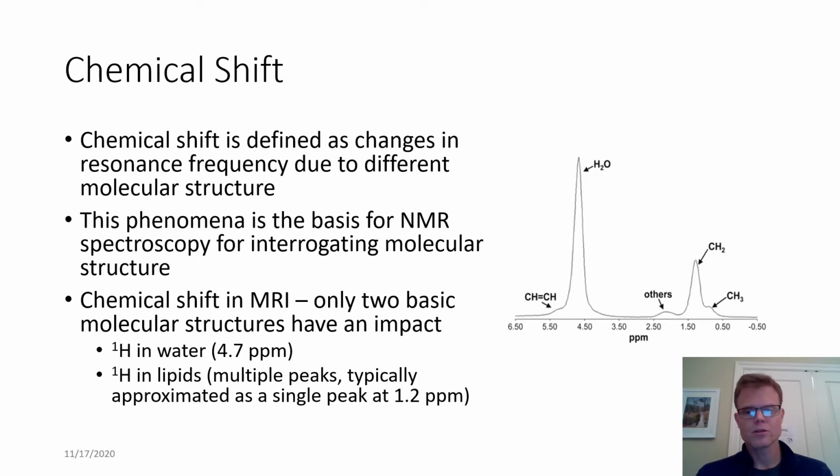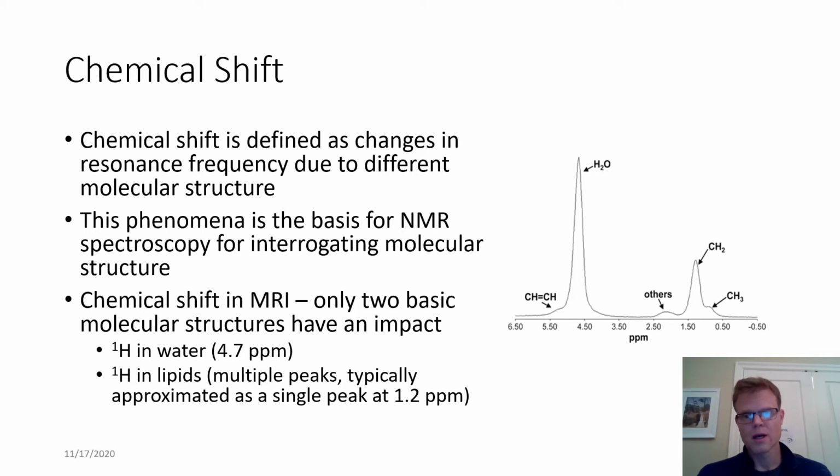The other source of protons is from lipids. The spectrum here illustrates that there are multiple resonances from the different groups present in lipids. We typically make a simplifying approximation.